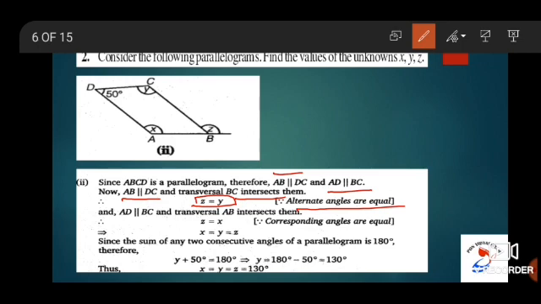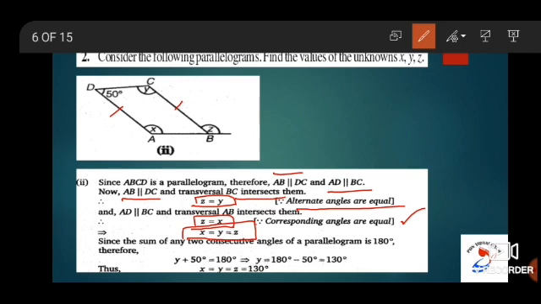Now, AD is also parallel to BC and again there is a transversal, that is AB. Then you can say the value for Z and X are also same because Z and X are corresponding angles. So from both these you can say that the value for X, Y and Z, all the three will be same.